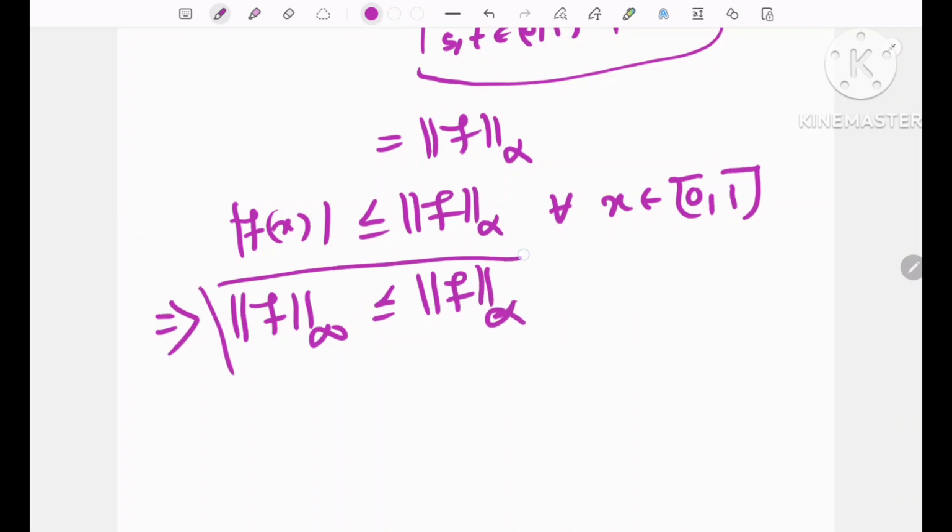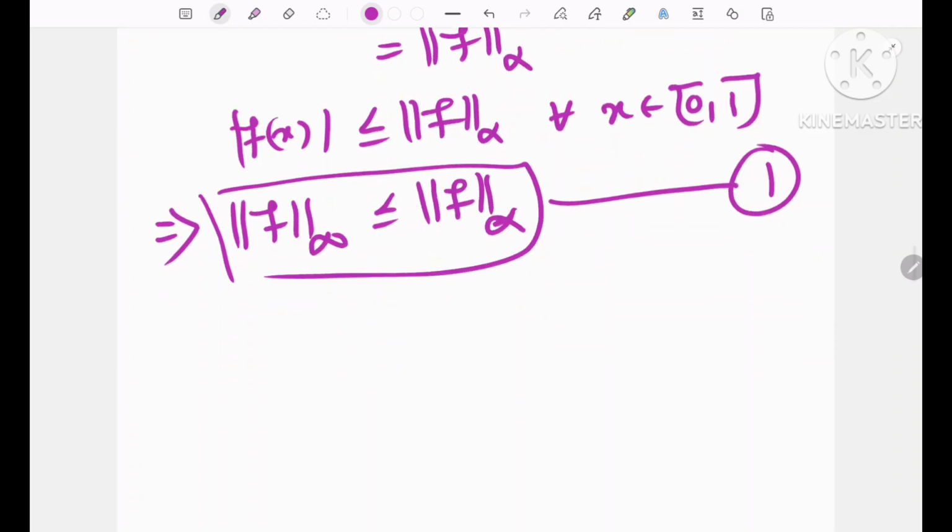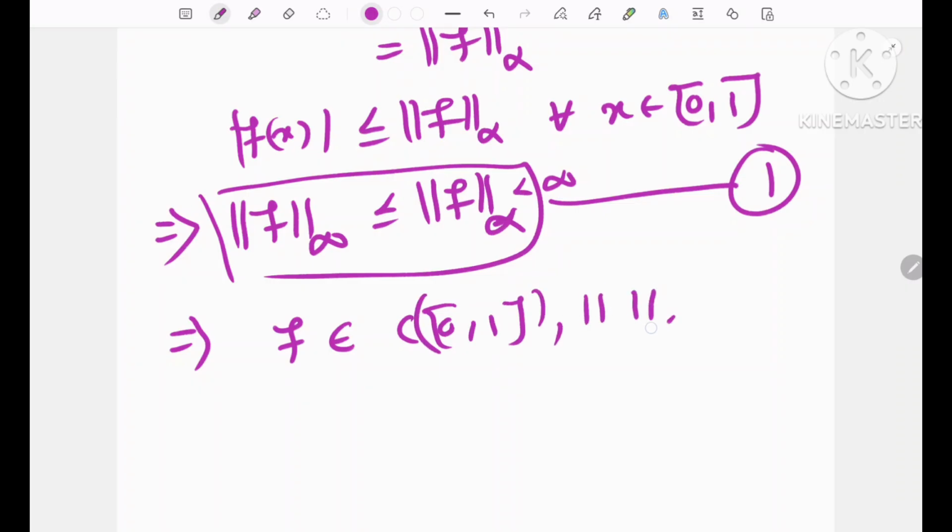Let us name it equation 1. So previously we established that f is continuous, and now this quantity is also finite. It implies the sup norm of f is finite. This implies f belongs to C[0,1] with respect to the sup norm.